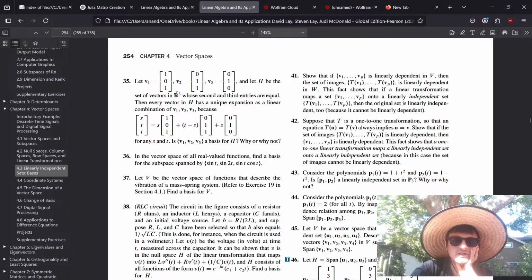V1, V2. And let H be the set of vectors in R3 whose second and third entries are equal. Then every vector in H has a unique expansion as a linear combination.